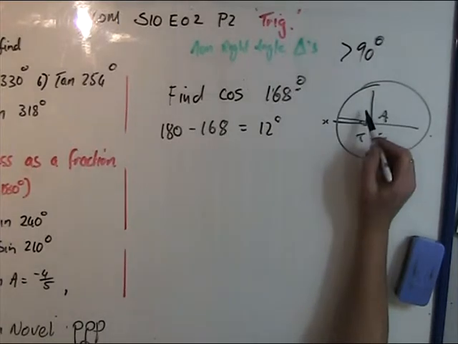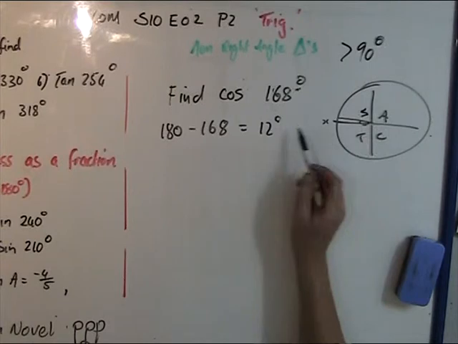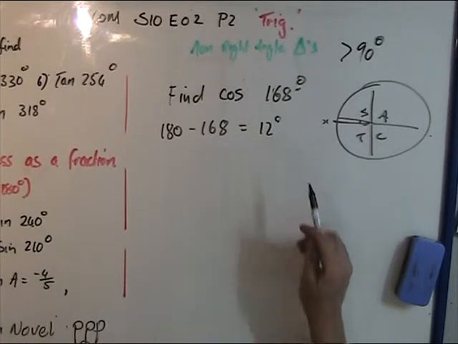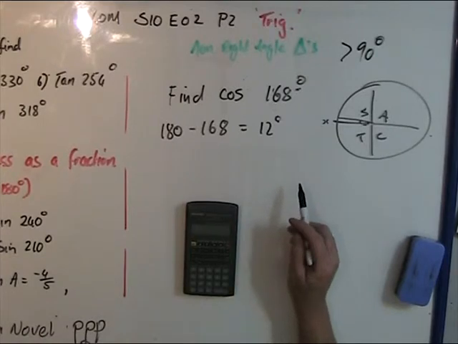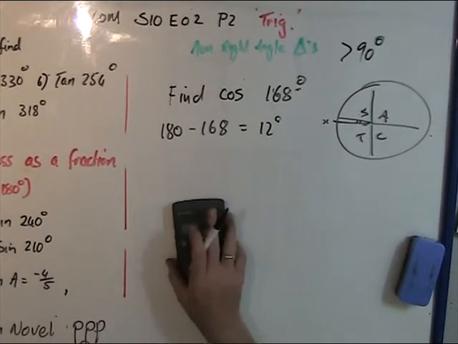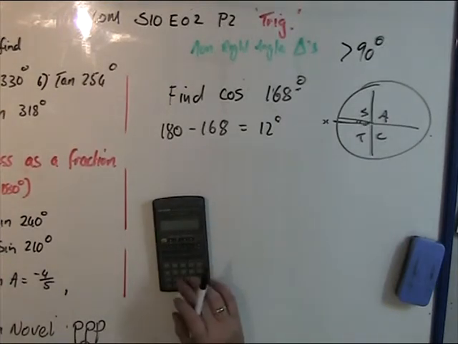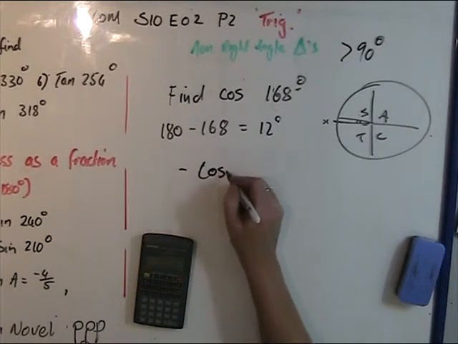Now I know that cos is going to be negative here, so I go to my calculator. I'm looking for 12 degrees because it's 168, so I'm looking at the negative angle here, and the answer is minus cos of 12 degrees.